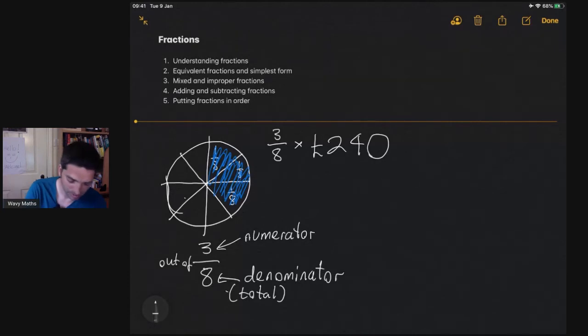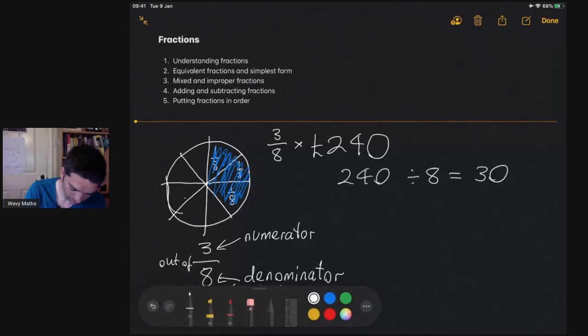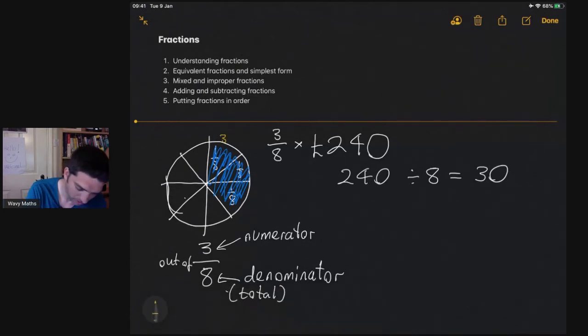Well, it'd be the same thing we do here. So the way we cut the cake up into 8 pieces, we're going to cut the money up into 8 pieces. So we're going to do 240 divided by 8. So divide by the denominator. Now 24 divided by 8 is 3. So 240 divided by 8 is going to be 30. And then we've split it up. So it's a little bit like if you think of the cake, each piece would be like £30. 30, 30.